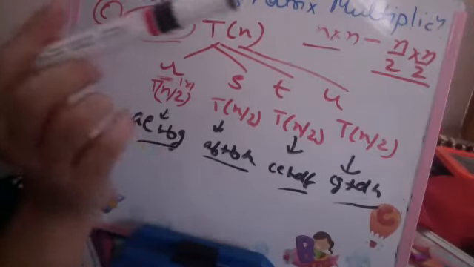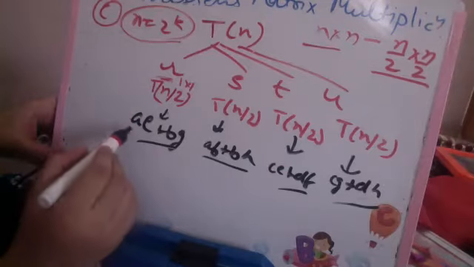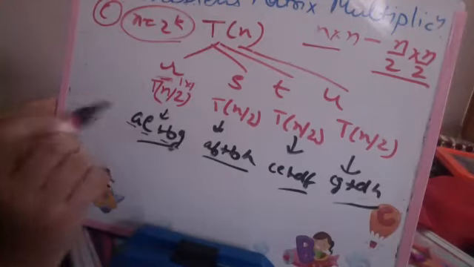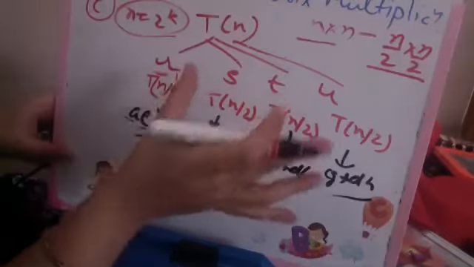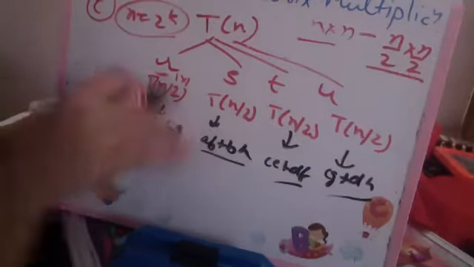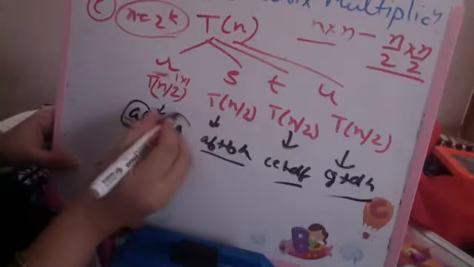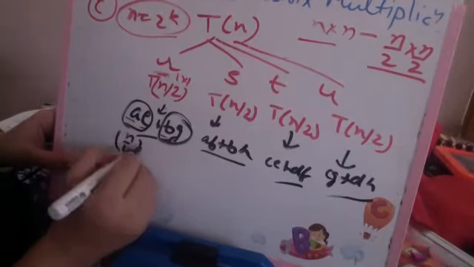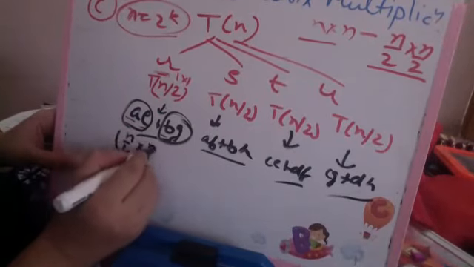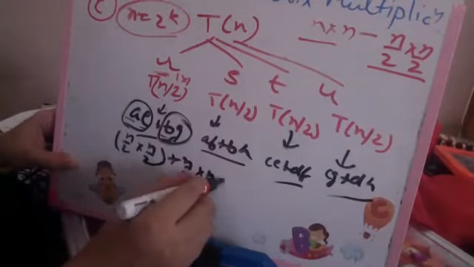To calculate these terms, I am having जो initial A और B थे, हमने उन्हें A, E, B, हमने now these R, S, T, U को calculate करने के लिए हमें कितनी calculations चाहिए? Addition, if you consider only addition, I have n by 2 cross n by 2 matrix plus n by 2 cross n by 2 matrix.